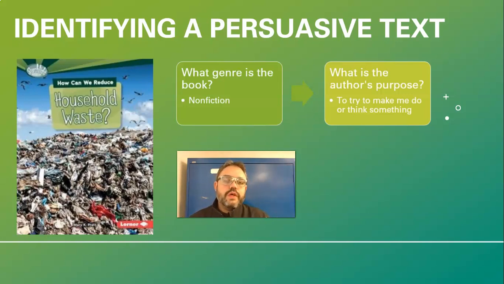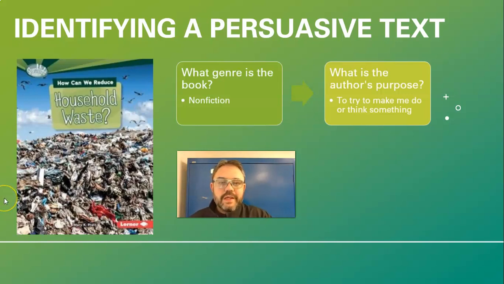Are they trying to tell me the story of someone famous's life? Are they trying to tell events like a history book? What is the author's purpose? In this book, it is trying to make me do or think something specifically.